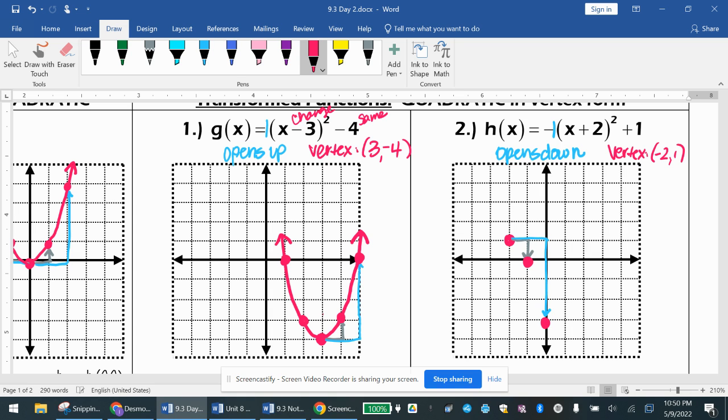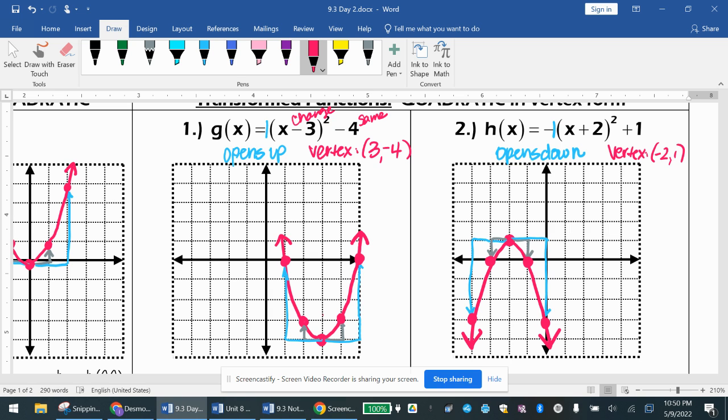Okay, so with parabolas, the pattern is 1, 1, 2, 4. Okay, and then you're going to follow the same pattern, el mismo patrón. Remember, you always follow the same pattern to the left and to the right. So I'm going to follow the same pattern, 2, 4, and 1, 1, to plot the points on the other side of the parabola.